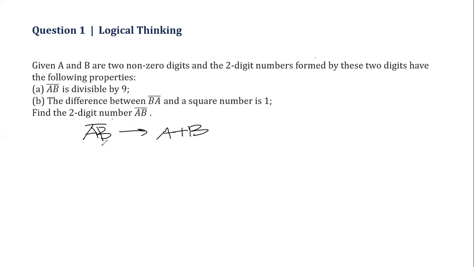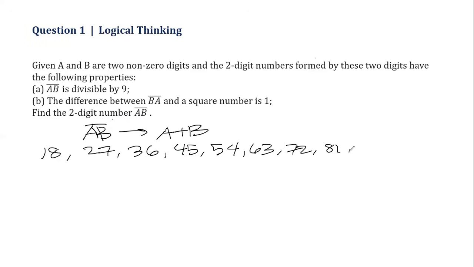Since A and B are one-digit numbers and they are non-zero, the possible values of AB would be 18, 27, 36, 45, 54, 63, 72, 81, and 99.